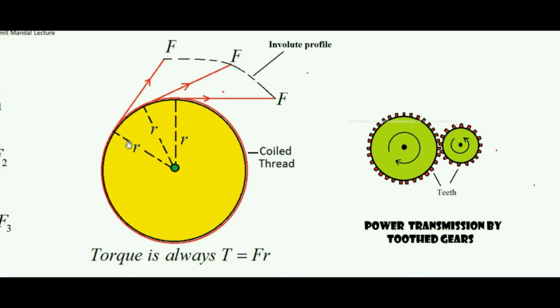Now suppose this is a wheel on which a thread is wound, and this is the free end of the thread. Suppose I apply a tensile force F over here.